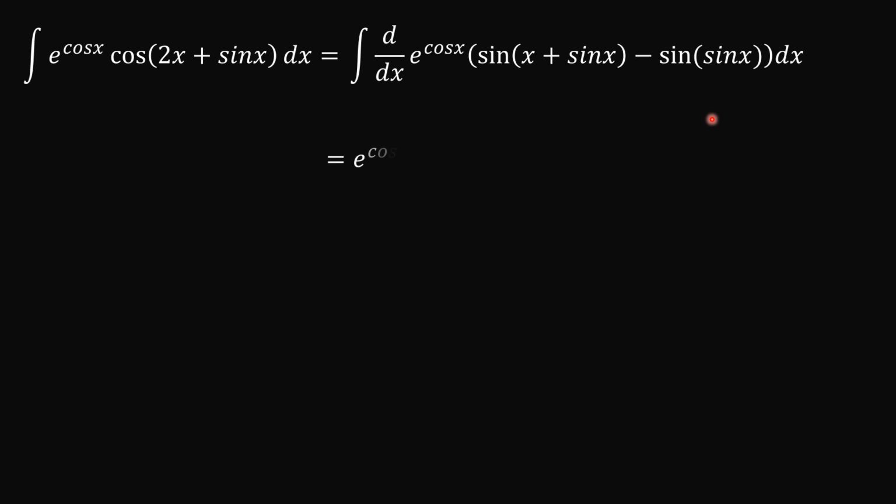So eventually the answer of this integral is just e to the power cos x sin x plus sin x minus sin x plus a constant of a value that we may not know. So this is the solution of this problem.